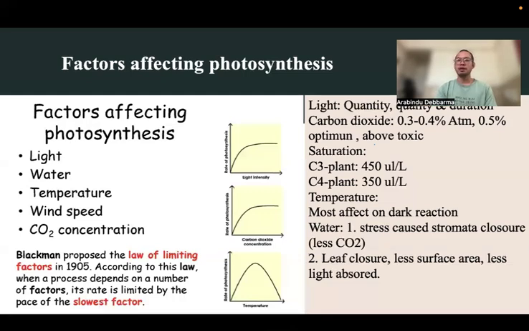Based on this, Blackman proposed a theory called the law of limiting factors in 1905. What he said is, if there are a number of factors responsible for a particular reaction, then it will always depend on the factor that has the lowest value, the lowest factor. Let's try to understand this with an example.